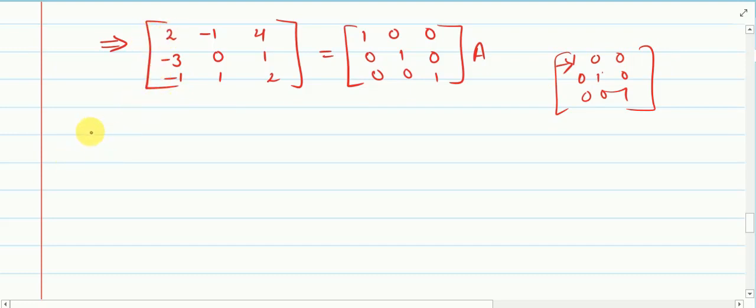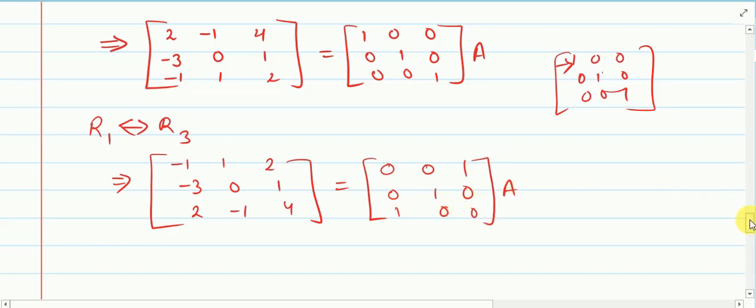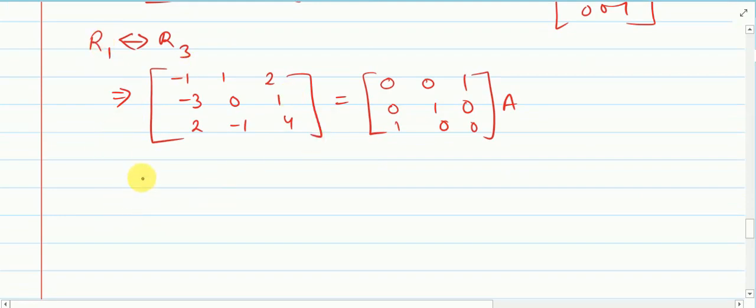So R1 interchanges with R3 and we will get this: minus 1 1 2, then minus 3 0 1, 2 minus 1 4, and here 0 0 1, 0 1 0, 1 0 0, A. So by first operation we got this.